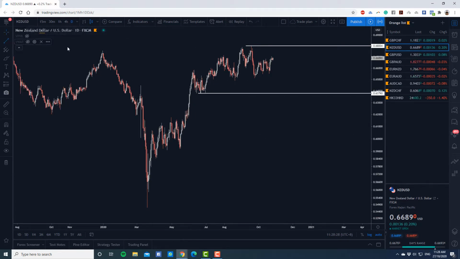I start to use some tools to draw, this is a pattern that I recognize. Again, the process here might be slightly different depending on strategy. I recognize this pattern over here, and I also recognize this pattern over here. That's how I start.